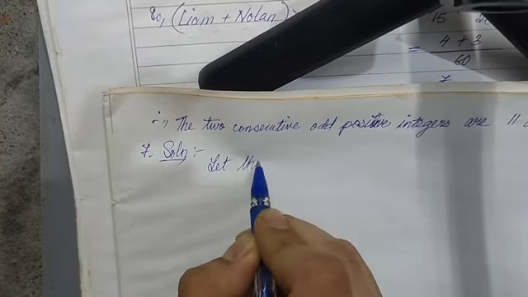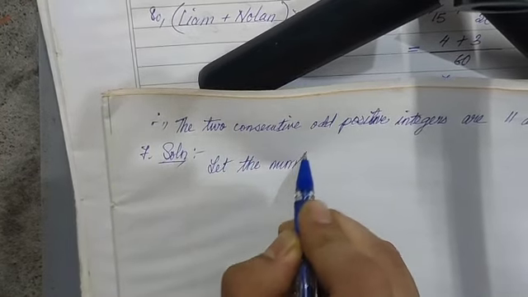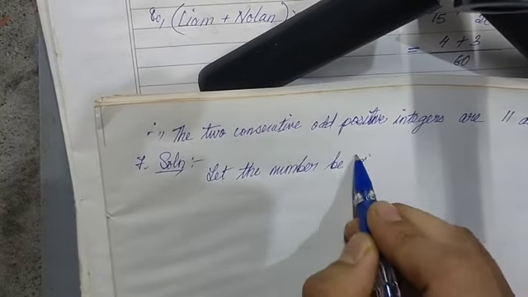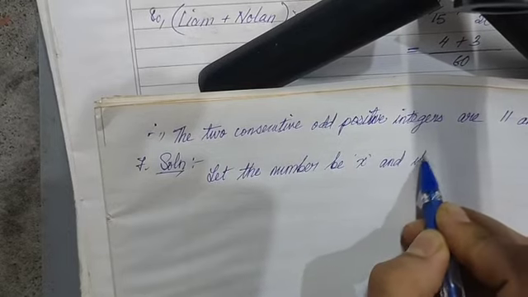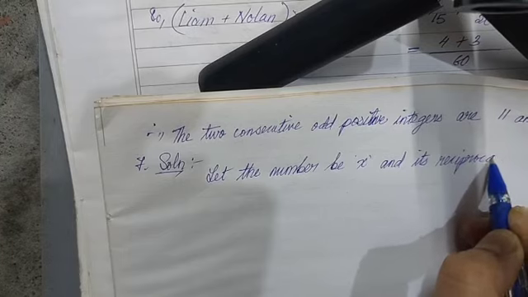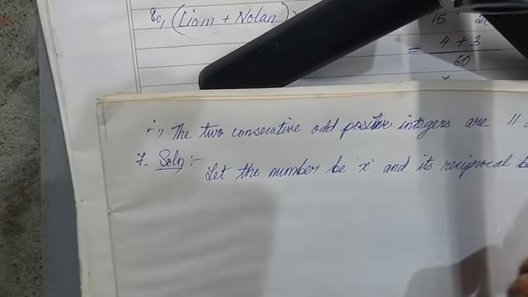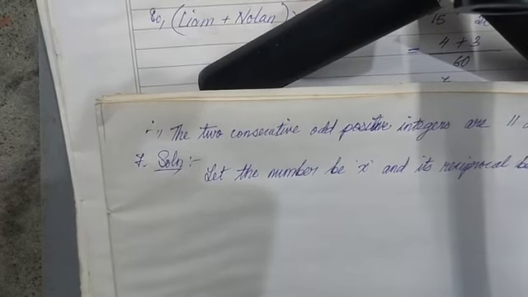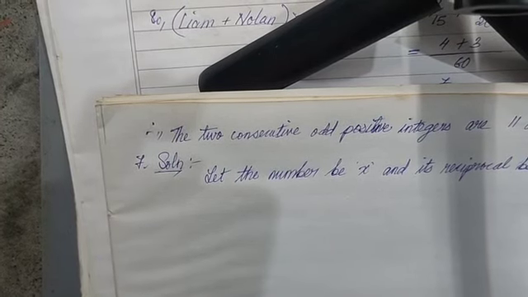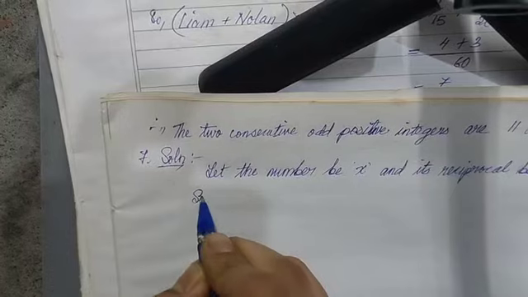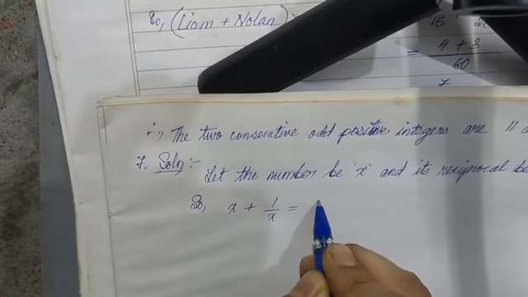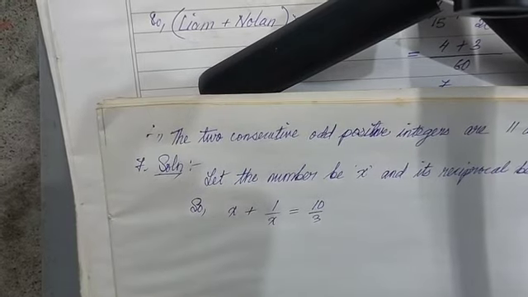Let the number be x and its reciprocal is 1 by x. The sum of a number and its reciprocal is 10 by 3. So x plus 1 by x equals 10 by 3.